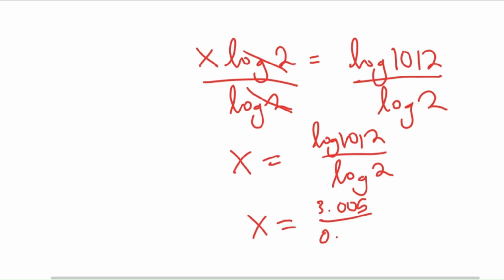So I have this over log of 2 is equal to 0.203. So 3.005 divided by 0.20 is equal to 14.803. So this is my answer.